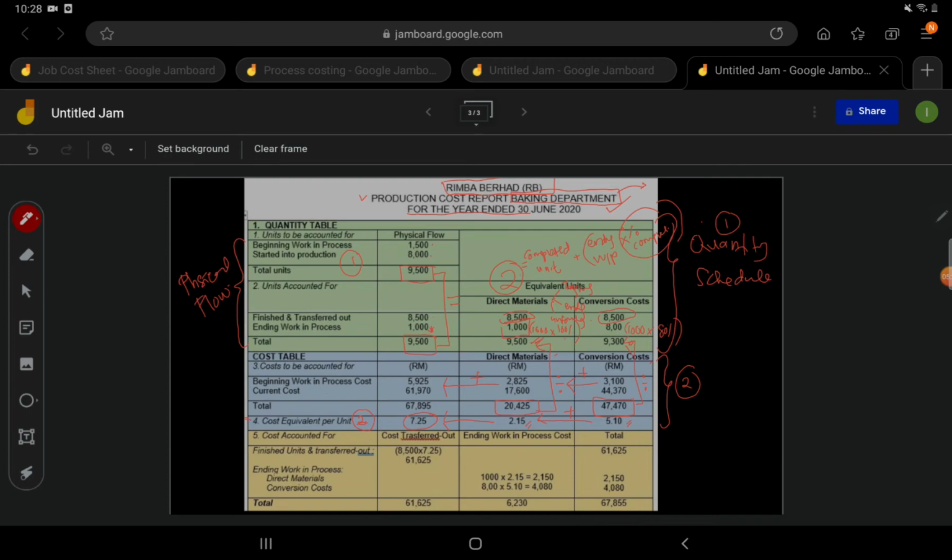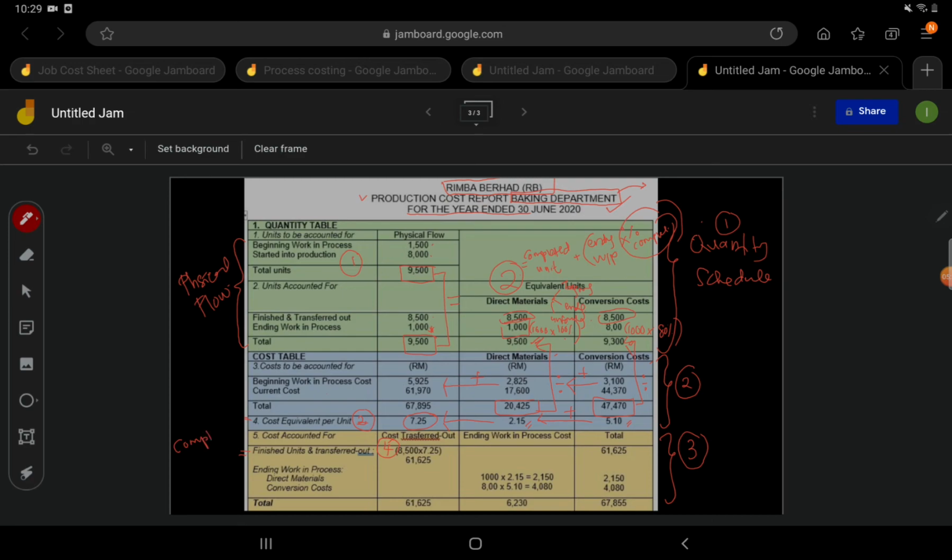Okay, and then the fourth step is compute cost transferred out. This is the third section. Okay, the finished unit and transferred out cost. How to compute?